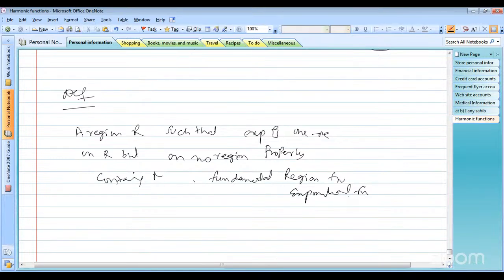What's the terminology? In the terminology, the inverse of the restriction of the exponential to the fundamental region R is called a branch of the logarithm. It is associated with R and it is denoted by log R. So log R satisfies exponential of log R of W is equal to W, and log R of W belongs to R also.